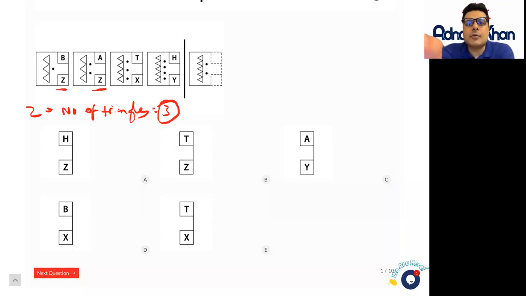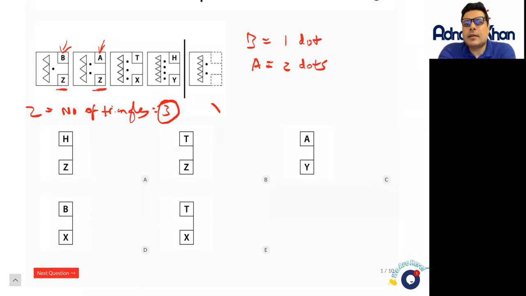Let's have a look at B and A. So B and A represent the dots. So we can see that B represents 1 dot. A represents 2 dots, okay? And Z we know is the number of triangles.